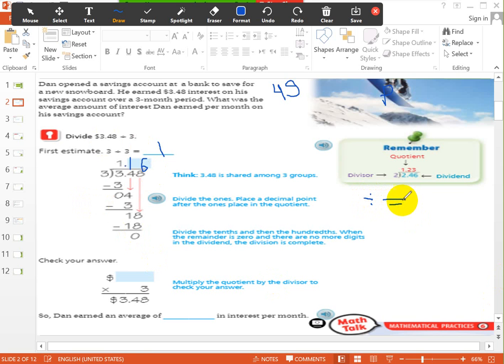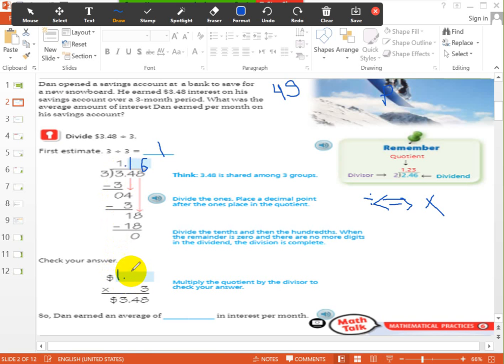It's multiplication, right? I will multiply the quotient with the divisor. If the answer is the same as the dividend, that means my division is correct. If my answer is not equal to the dividend, that means your answer is not correct.